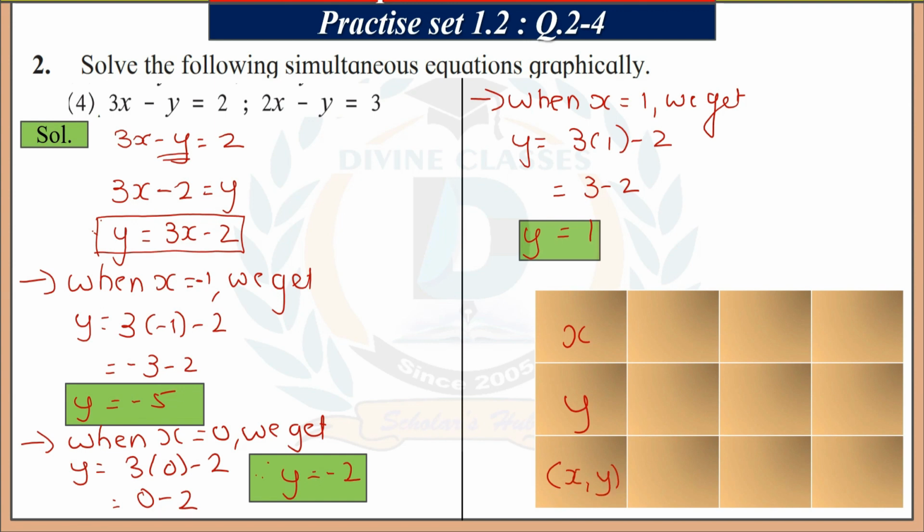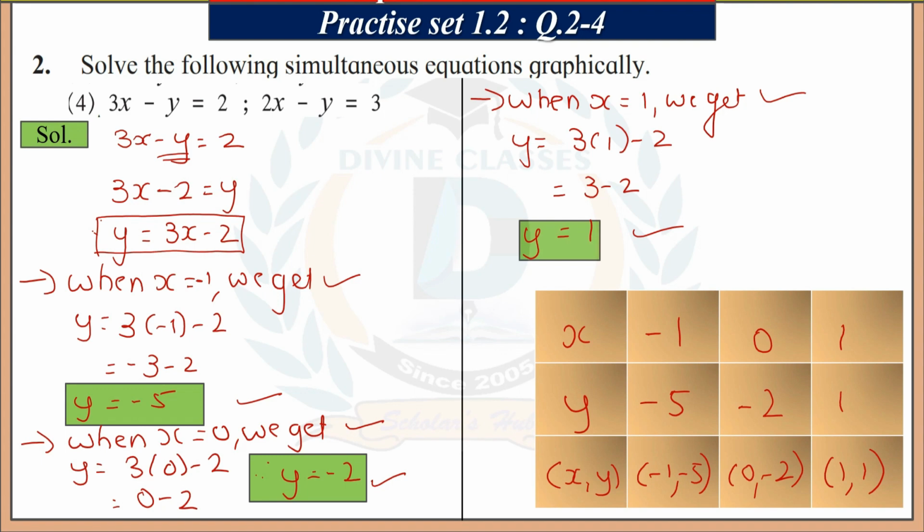The first value is minus 1 and minus 5, so minus 1 comma minus 5. Next is 0 comma minus 2. Next is 1 comma 1.